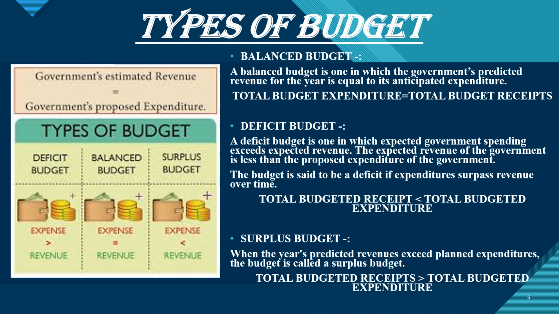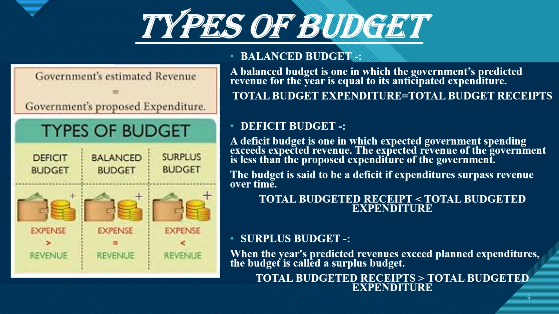Lastly, coming to the surplus budget, when the year's predicted revenue exceeds the planned expenditure, the budget is said to be surplus in nature, which means that the total budgeted receipts are more than the total budgeted expenditure.